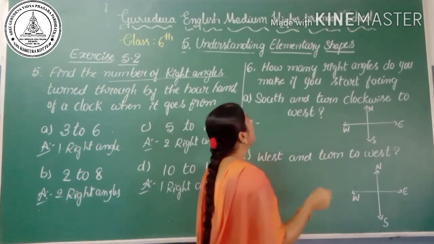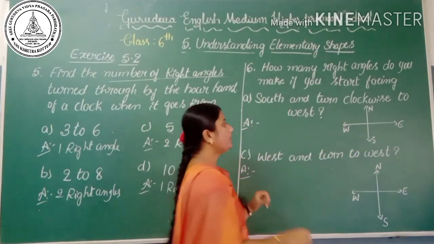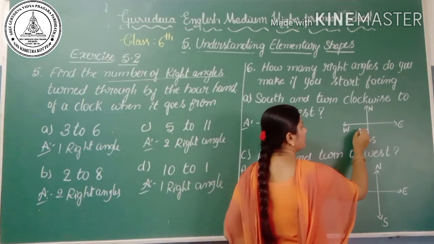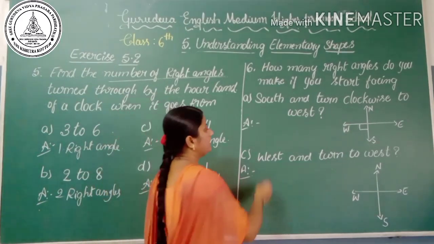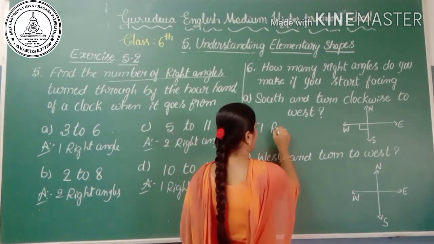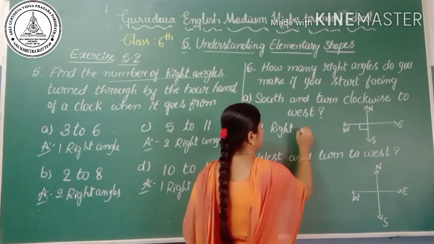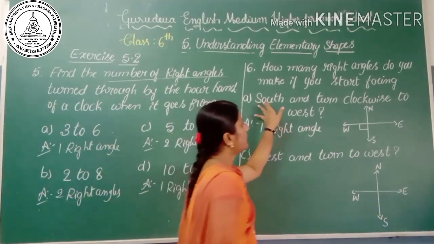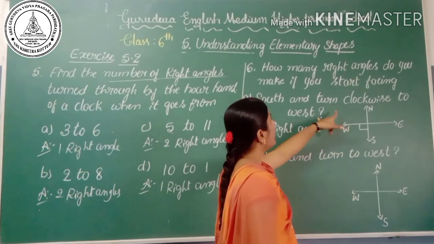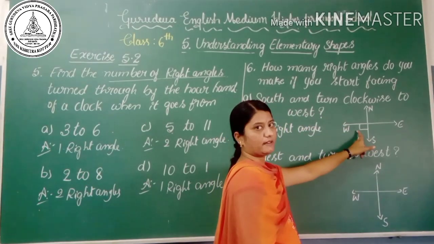Then how many right angle turns do you make? Here is only one right angle, right? So from south to the west, we have to make only one right angle.